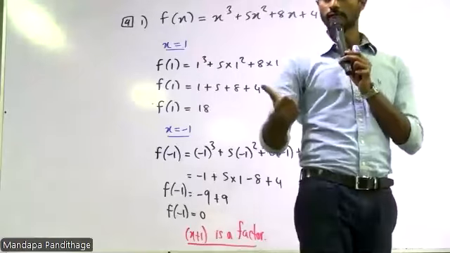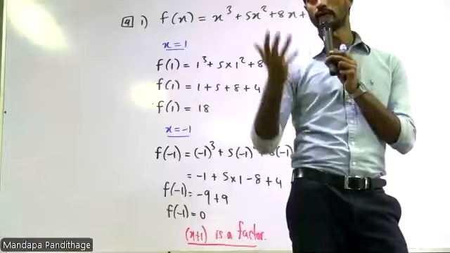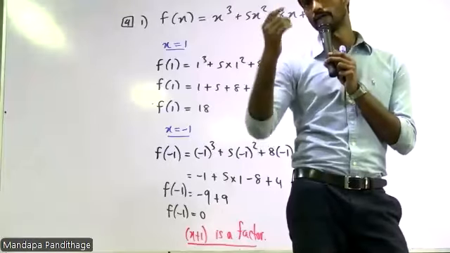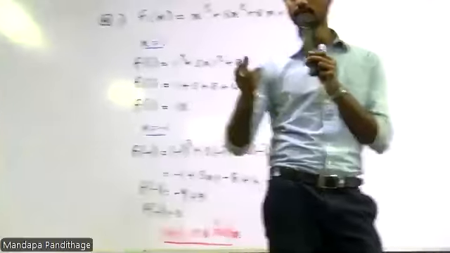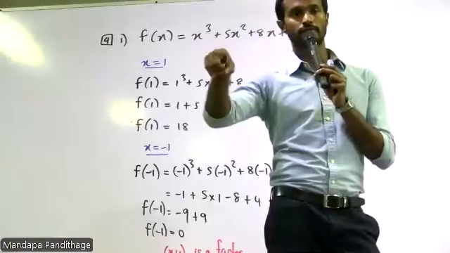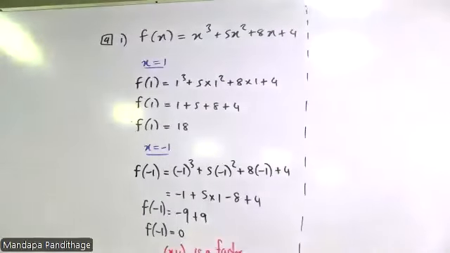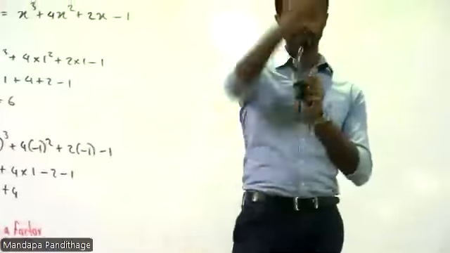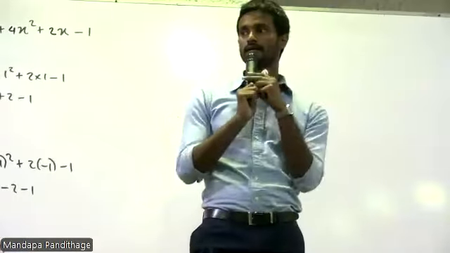But 1 is a factor of 72, 2, 3, 4, 6, 8 are factors, and 9, 12, 18, 36, all these are factors. But when I say 9 is a factor, the other factor that comes to mind is 8. And if I say 7 is a factor of 28, what is the other factor that comes to your mind?